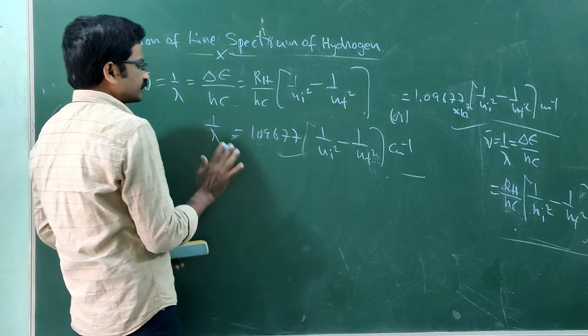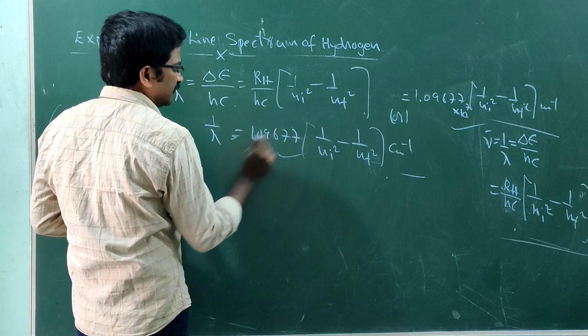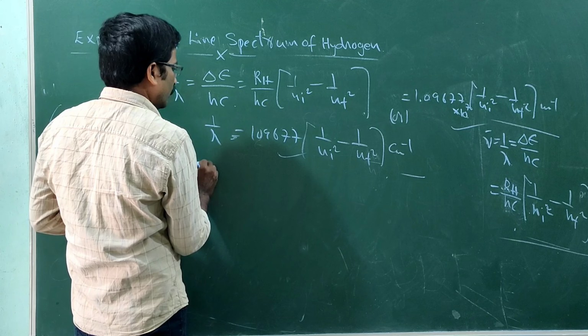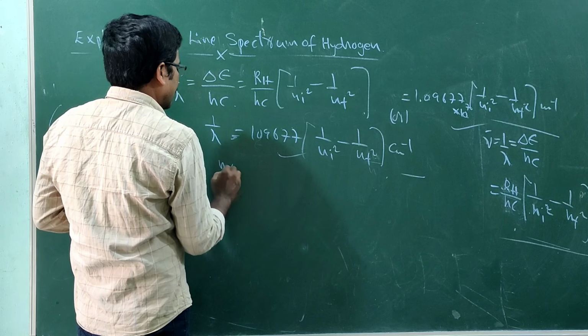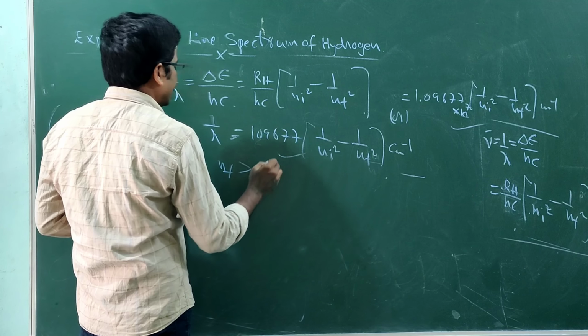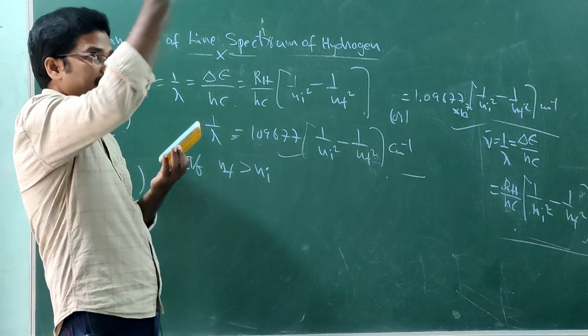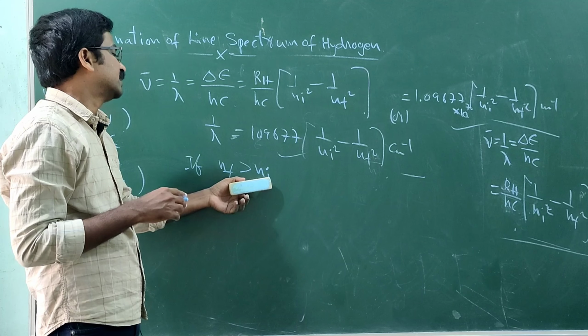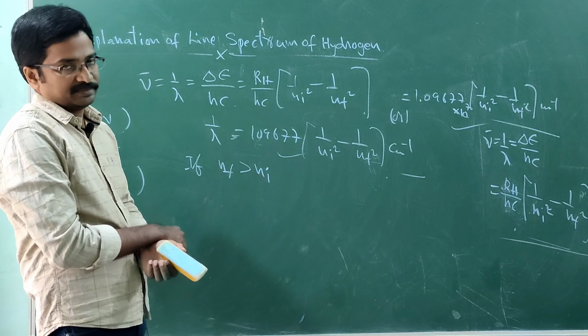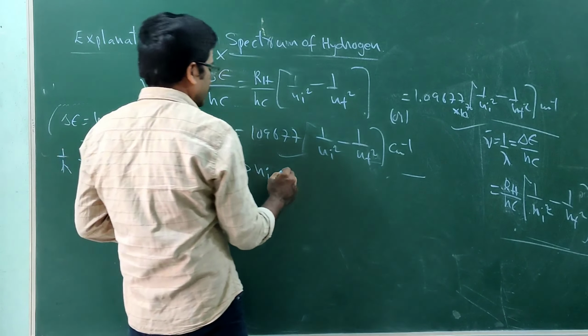He explained that if nF is greater than ni, where nF is the final stage and ni the initial stage of the electron, then absorption of radiation occurs.